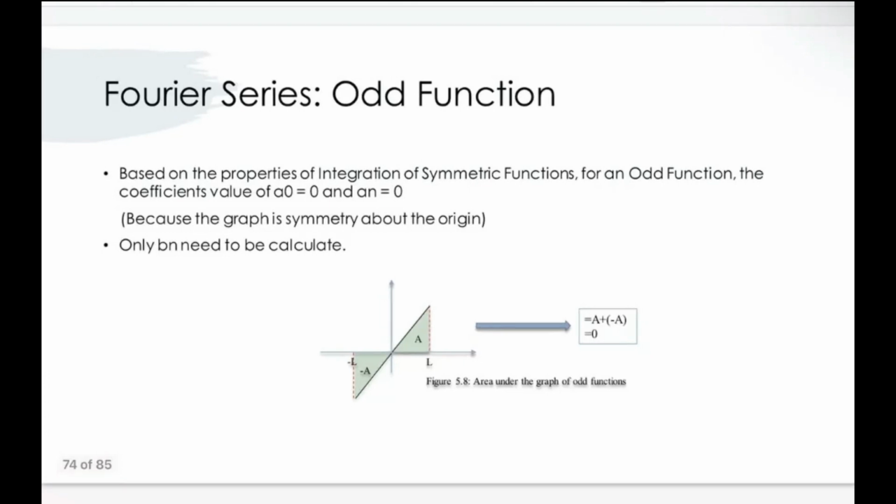So for an odd function, only b_n needs to be calculated. If you have an odd function and you are required to find a Fourier series, you just need to calculate b_n because a_0 and a_n are both 0.